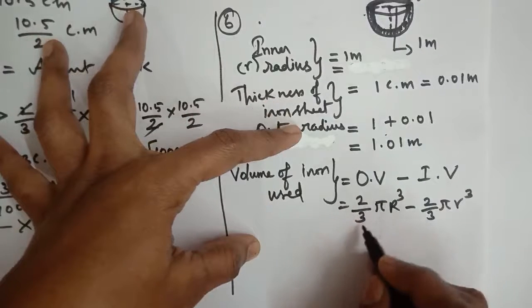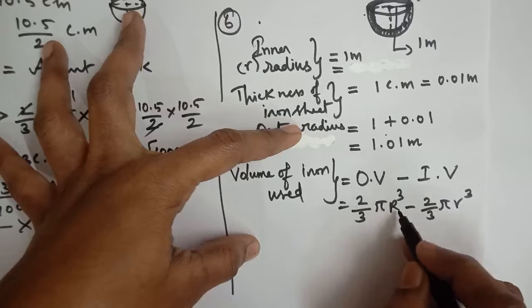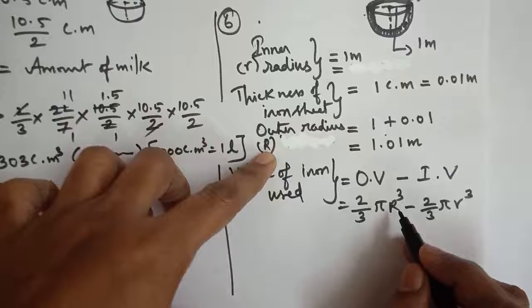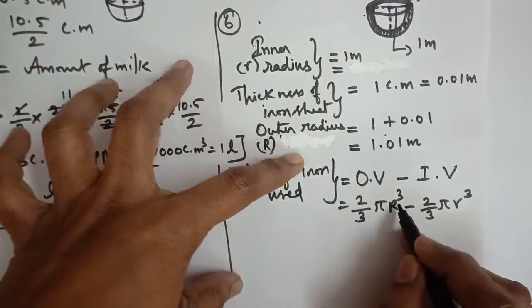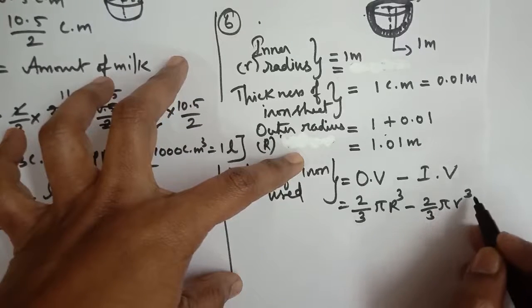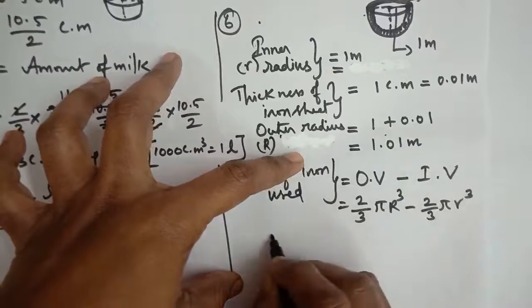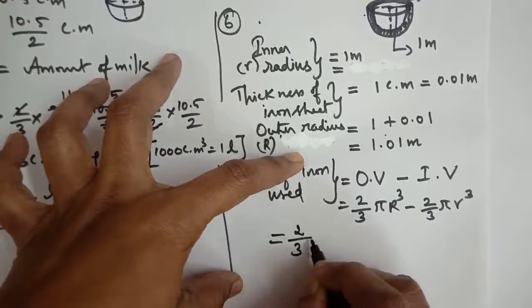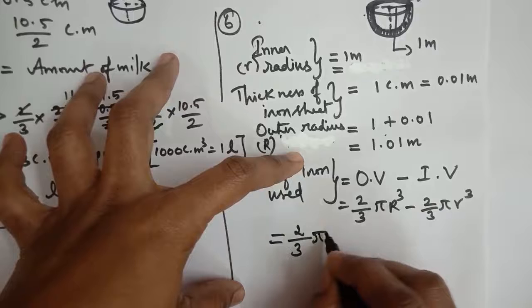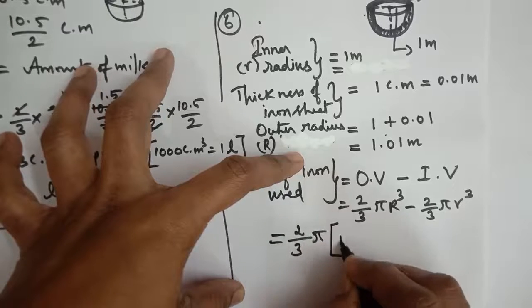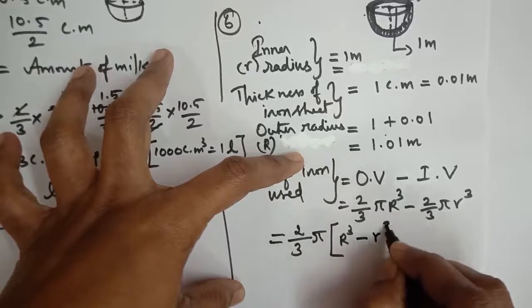Now the formula is 2 by 3 pi capital R cube, outer volume, then minus 2 by 3 pi small r cube. Here students listen, take 2 by 3 pi as common, then capital R cube minus small r cube.